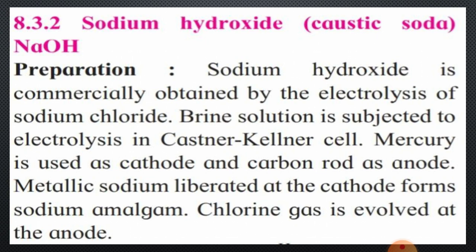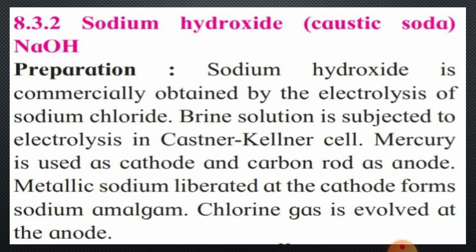Here metallic sodium liberated at the cathode forms sodium amalgam. As we know, sodium is a metal. We have taken an electrolytic cell in which mercury is used as a cathode and carbon is used as an anode. We have passed the electricity.